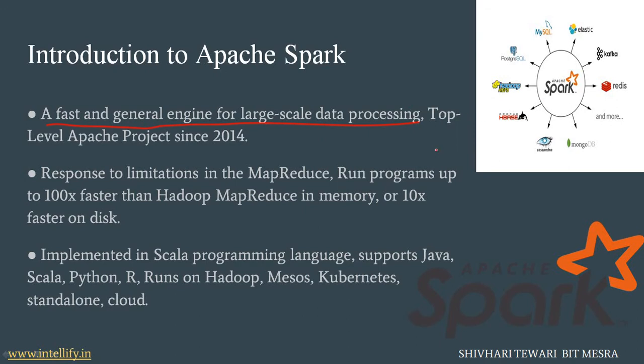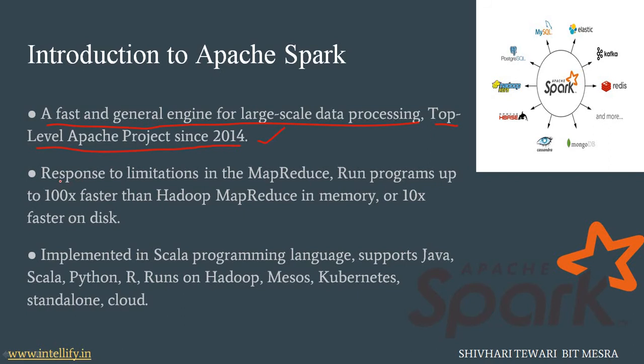This is why Spark came into existence, because those datasets cannot handle large scale data processing, and this is why Python introduced Spark, which came as an inbuilt function in Python. It is a top level Apache project since 2014, created in 2014 basically.